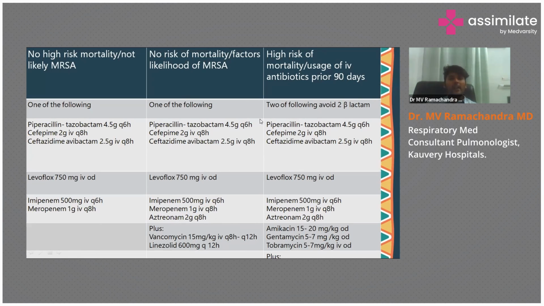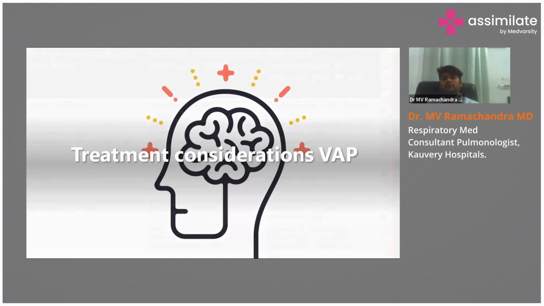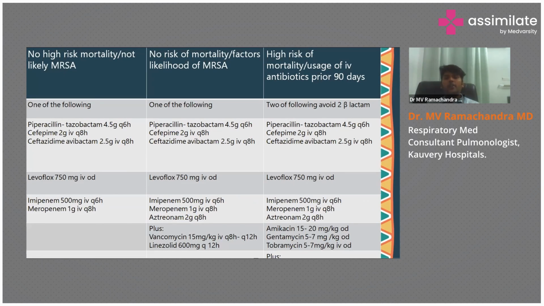If the patient has a high risk of mortality and has used IV antibiotics in the past 90 days, so he has come from another center, we can use two of the following, but not two from the beta-lactam group. We can use one from the beta-lactam group and another from any other group, like fluoroquinolones or aminoglycosides, plus vancomycin or linezolid.